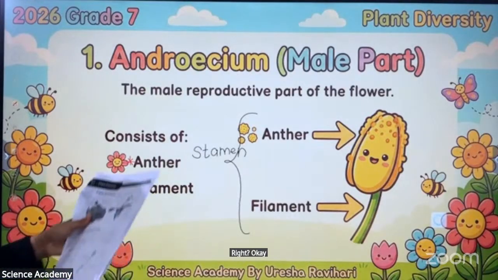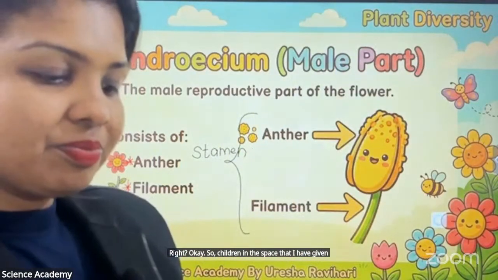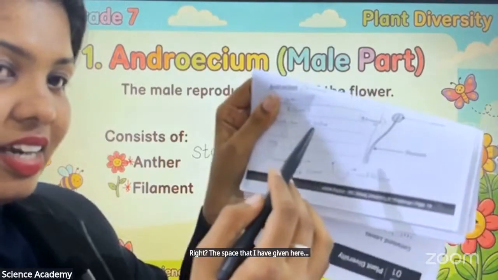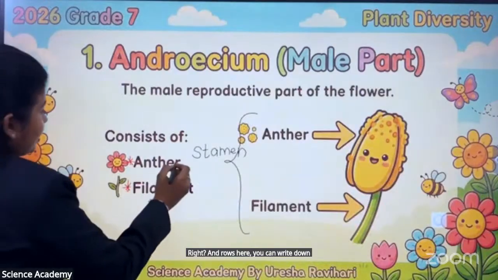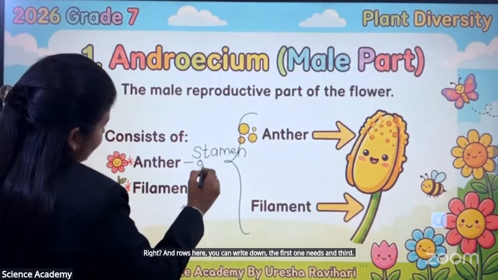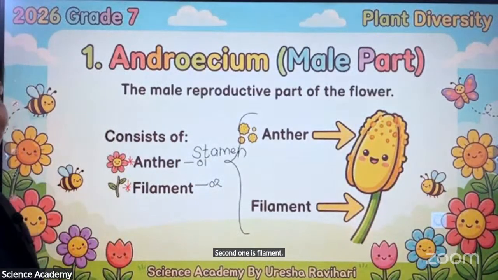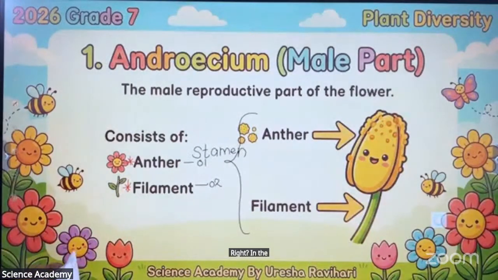Okay. So children, in the space that I have given here under androsium, you can write down the first one is anther. Second one is filament. In the blanks that I have given, you can write.